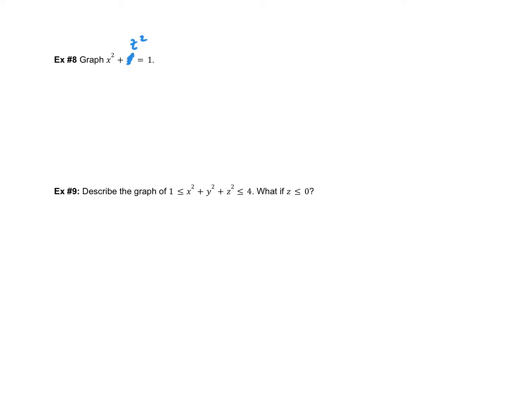So I'm going to start with drawing my axes in. So I have x, y, z. So we need to know x squared plus z squared equals 1. What does that look like? Well, on the xz plane, this is going to be a circle. So I'm going to start on the xz plane, ignoring y, by drawing in a circle.